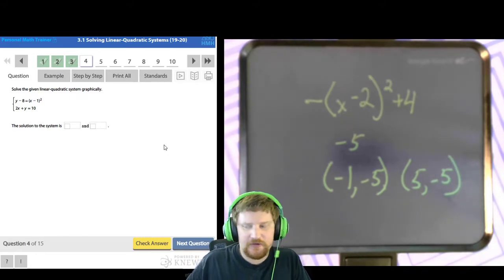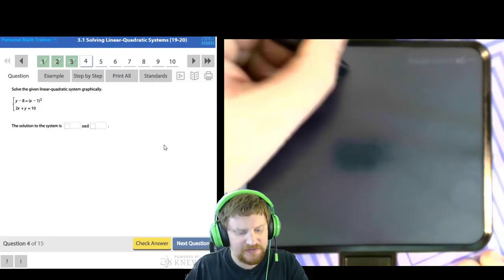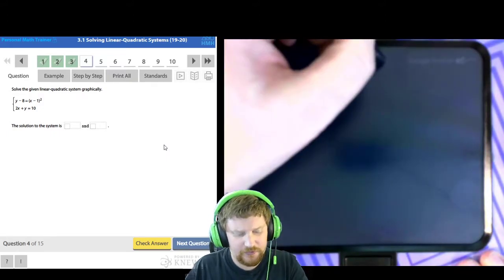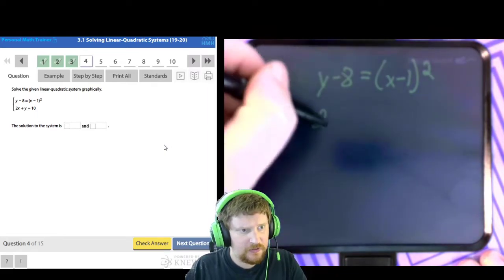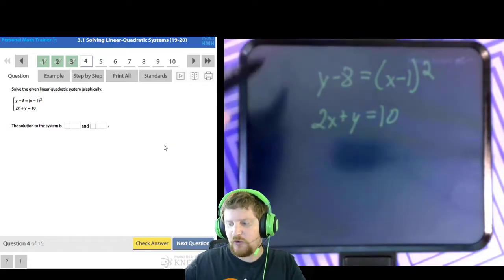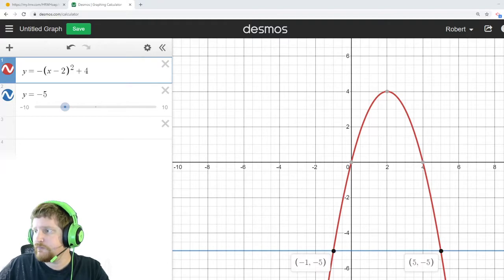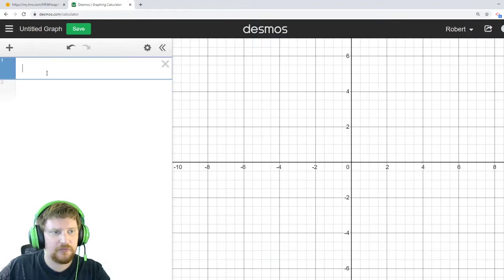Once again, we have another solve this graphically, so I'm going to put y minus 8 equals x minus 1 squared, 2x plus y equals 10. And we're going to go over to Desmos. So this is our old problem.